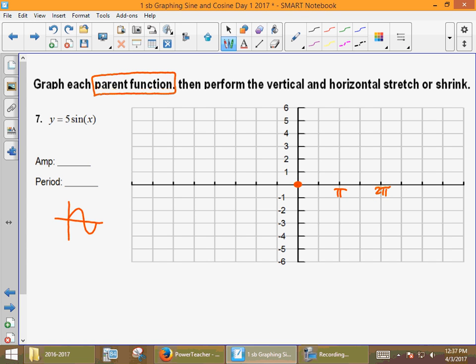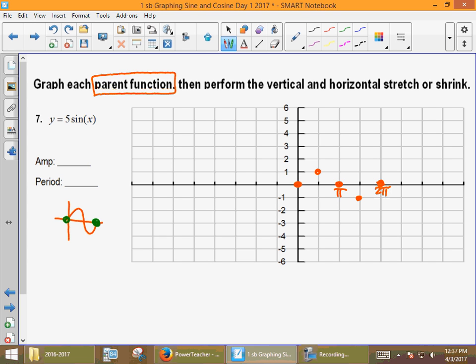The end of the period for the parent function is just 2 pi. So that's these 2 points here and here. Then the sine graph's going to cross the x-axis again in the middle, so I'd put that point next. And then it goes high and then low. So up 1, down 1.